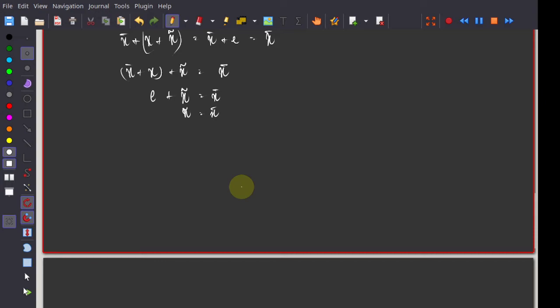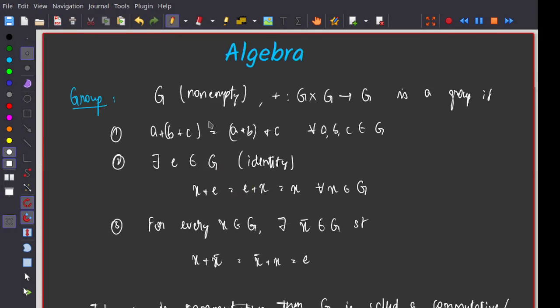You don't need to, right? Because you want the minimum set of properties which define a group. This would just be redundant. So that is why this statement of a group does not say that there exists a unique element E, or that for every x there exists a unique x bar in G, because you get that as a property. We generally do want to keep the minimum set of properties.